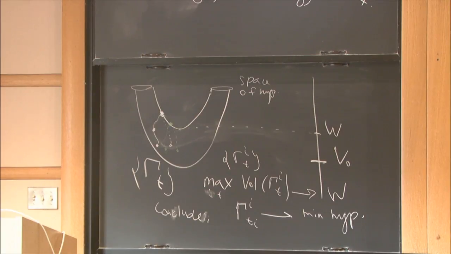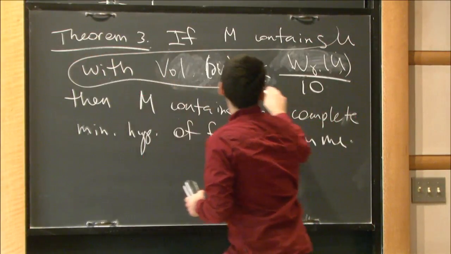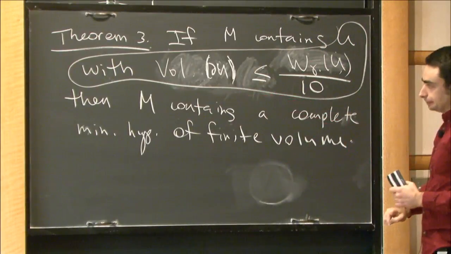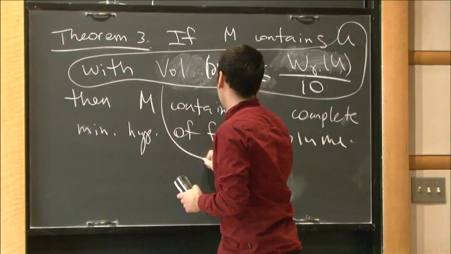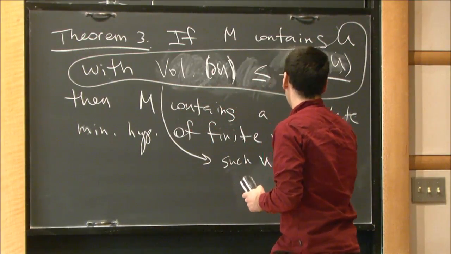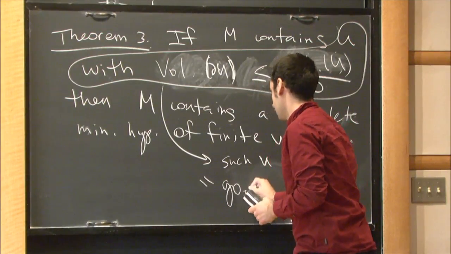Okay, so let me introduce some notation. Let's call a set U which satisfies this property, that it has small boundary compared to its width, a good set.